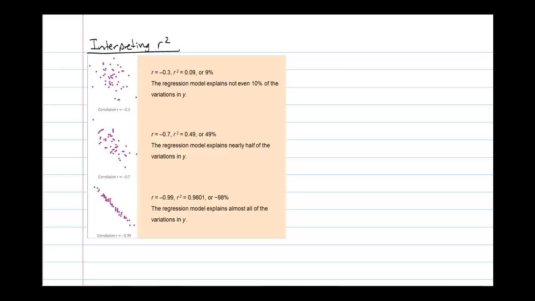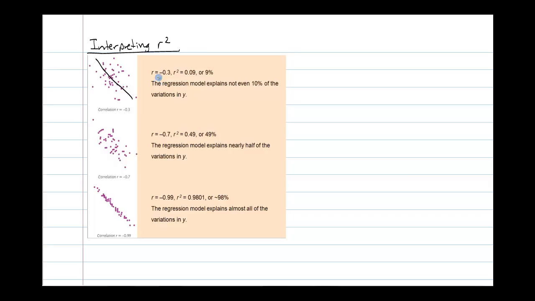So let's go ahead and look at interpreting what r squared is for some different scatter plots. For this first scatter plot, we can see that there's a slight negative trend to the data, and our correlation coefficient here shows that it's negative 0.3, a somewhat weak linear association between our variables x and y.